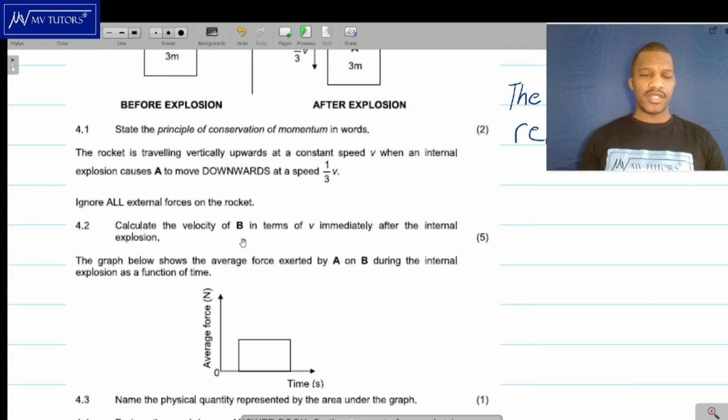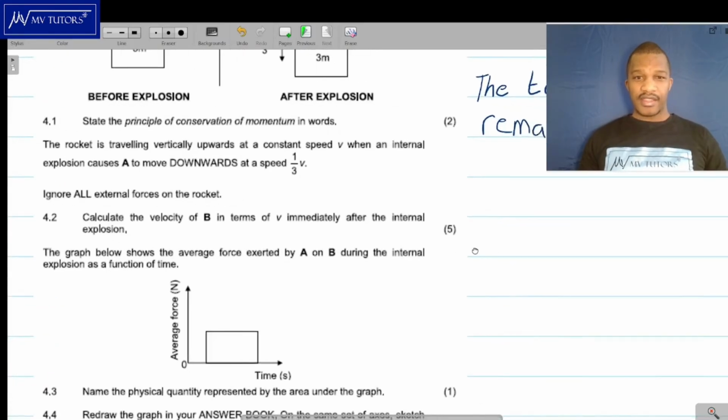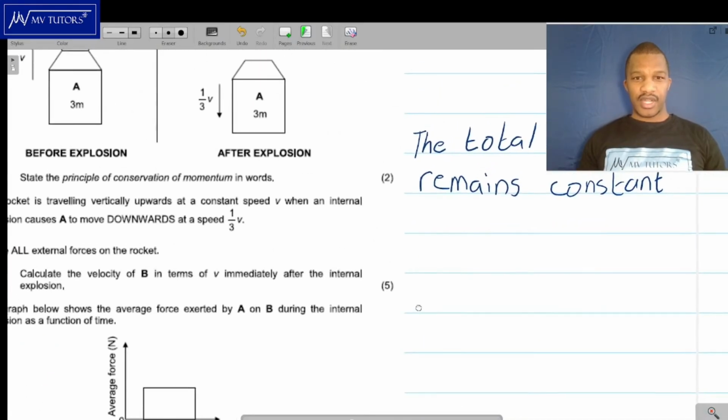Calculate the velocity of B in terms of v immediately after the internal explosion. Alright, it looks like we are going to need our principle of conservation of momentum here.